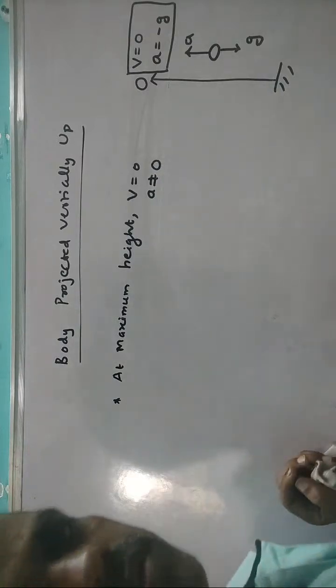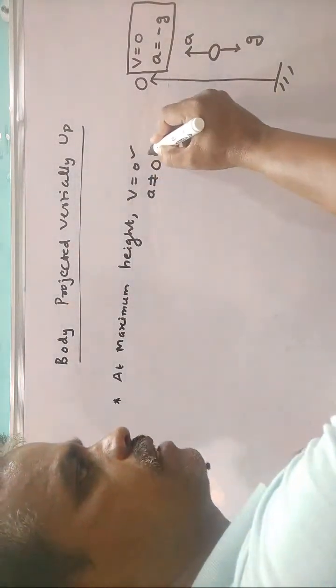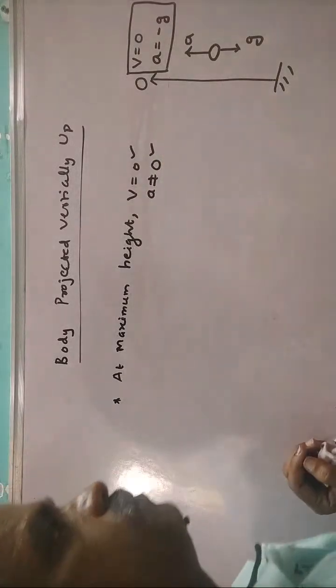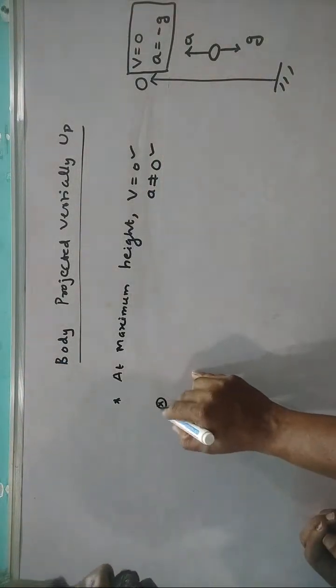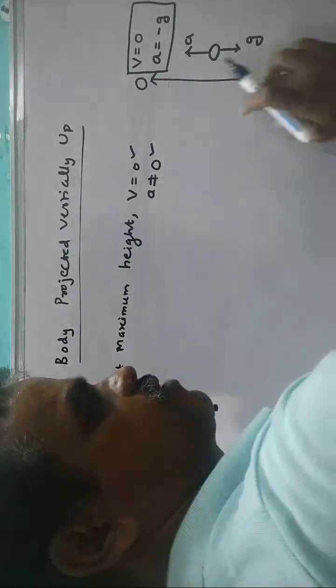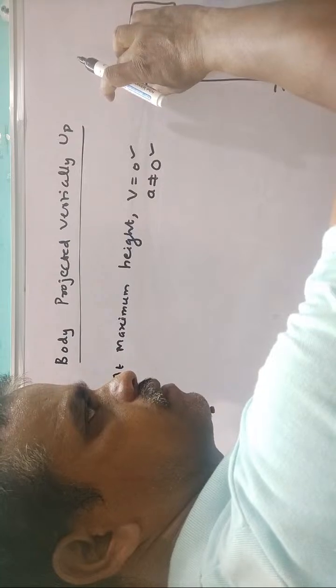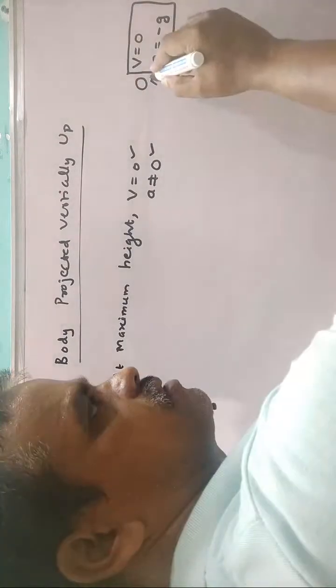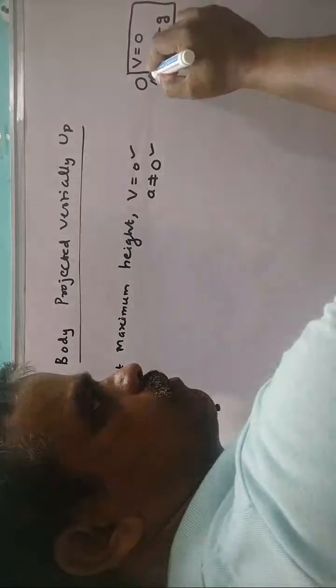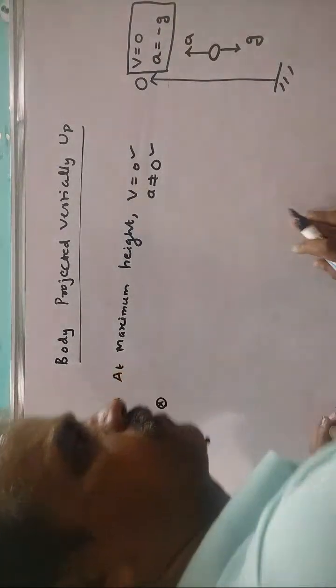This is one point. Velocity is zero, acceleration is not equal to zero. So what happens here? After reaching maximum height, the body's final velocity is zero, but acceleration is not equal to zero.